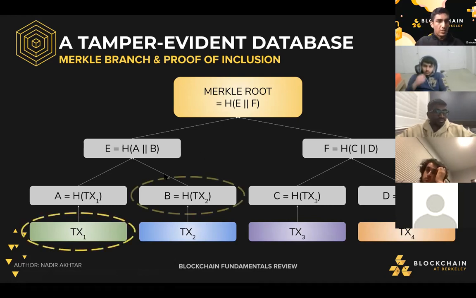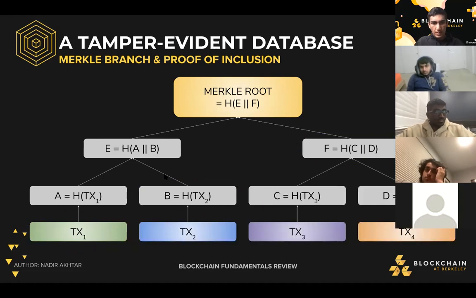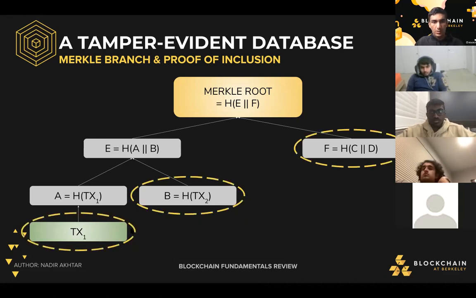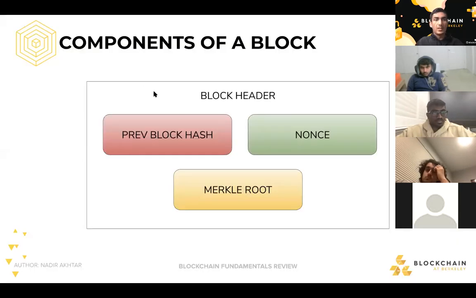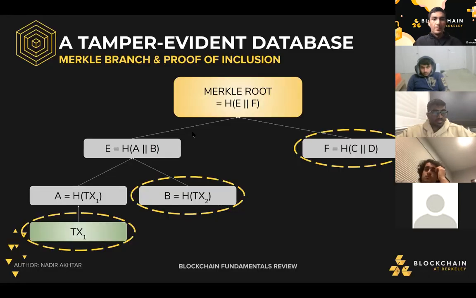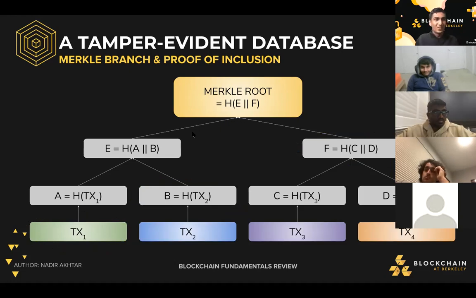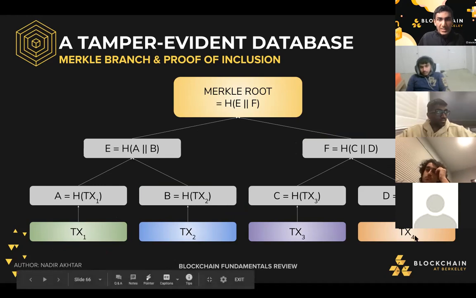So let's trace this all the way: transaction 1, hashes together, all these things. The point of a Merkle tree is that it's tamper evident. If any one of these transactions is altered, the Merkle root is altered as well.